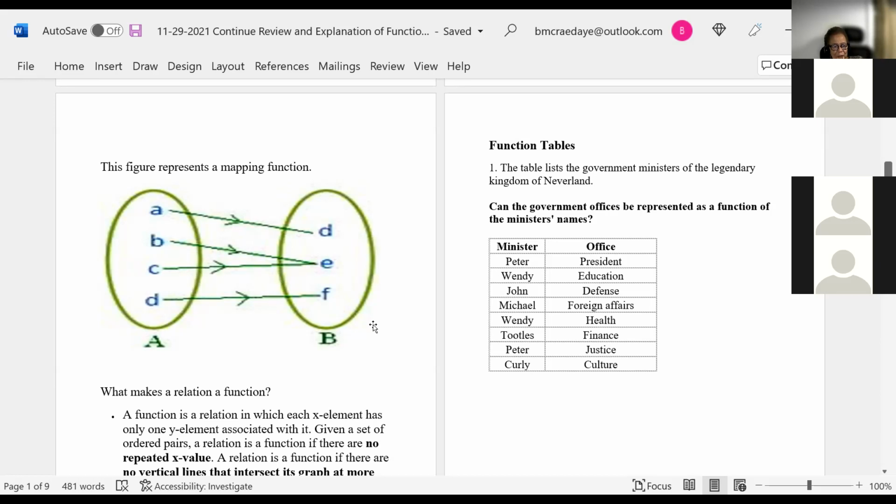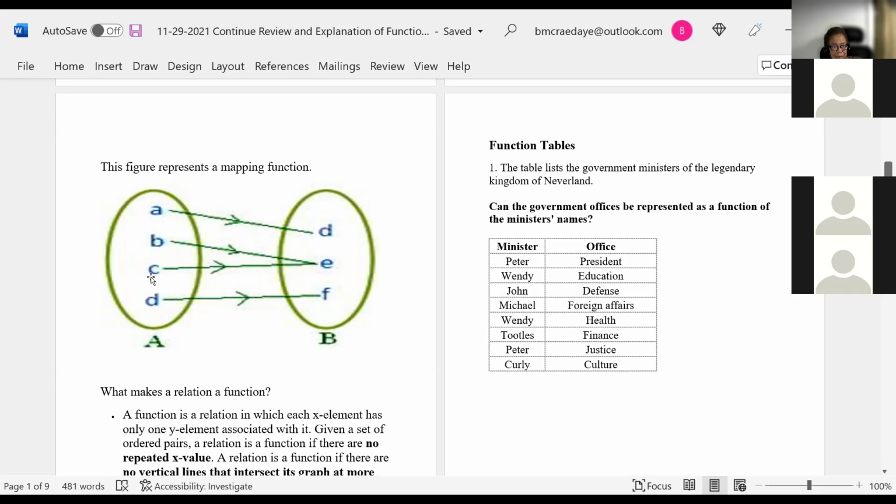It's only a one-to-one relationship. Like when we said with the XY pairs, you can't repeat an X value with a different Y, because then it wouldn't be a function. So if you repeat B, it has to map to the same thing as the first one. It can't be different values for the output.